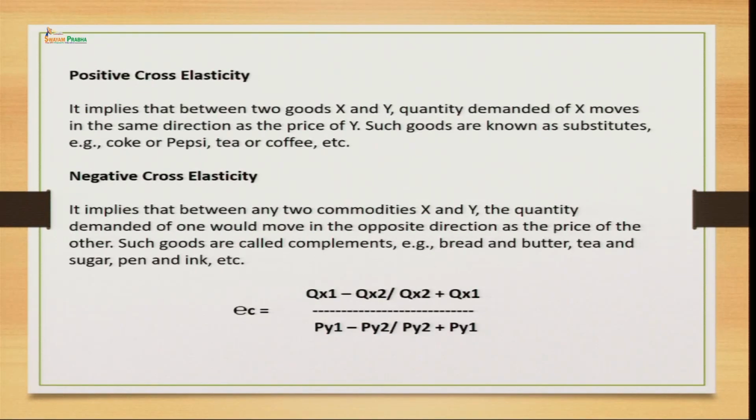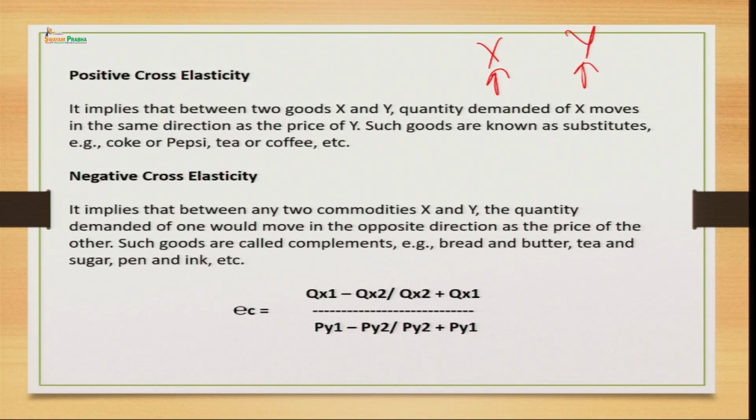So, here again we have positive and negative cross elasticity. Positive cross elasticity will be there in the case of substitute goods. When the products are of a substitute nature, we can see that when the price of X increases, the demand for Y increases. The demand for Y will increase when the price of X increases, because they are substitutes. People will shift their demand from one commodity to another commodity, right.